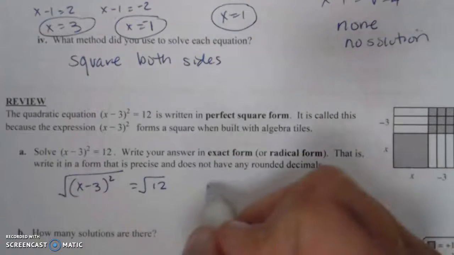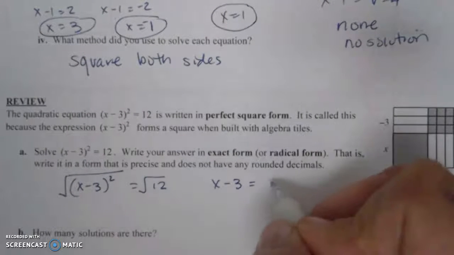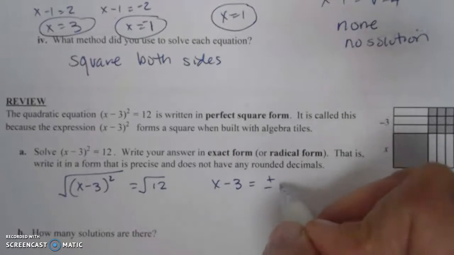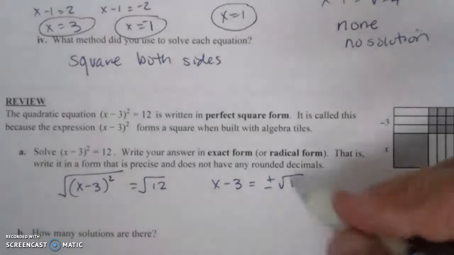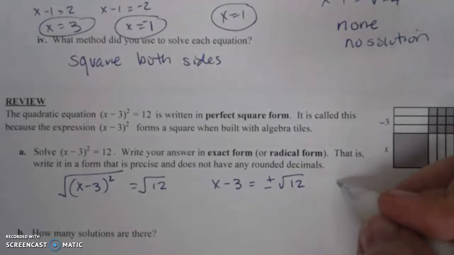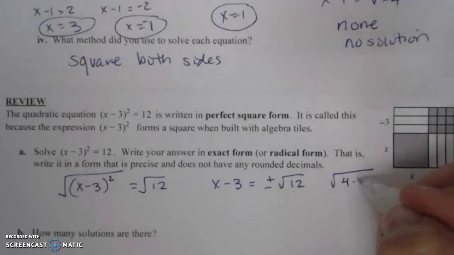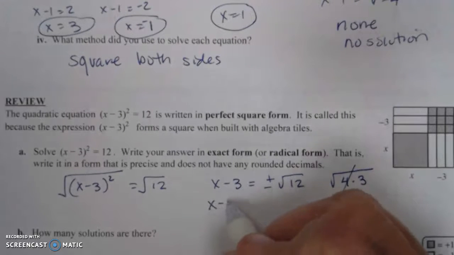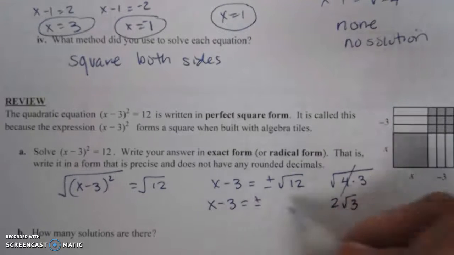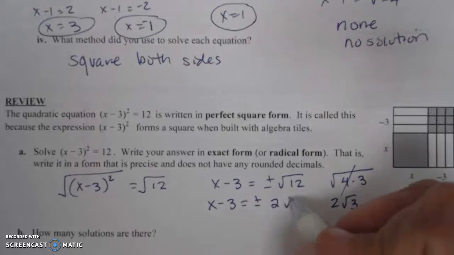And here I'm going to get x minus 3 equals plus or minus the square root of 12. Well, how do I deal with this 12 right here? Well, this 12 can be written as 4 times 3, and we know that the square root of 4 is 2, so I get 2 radical 3. So x minus 3 equals plus or minus 2 radical 3.